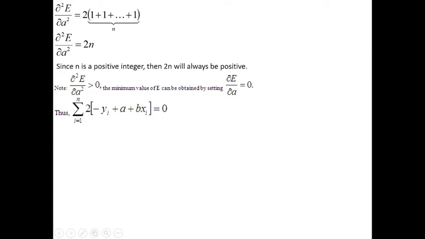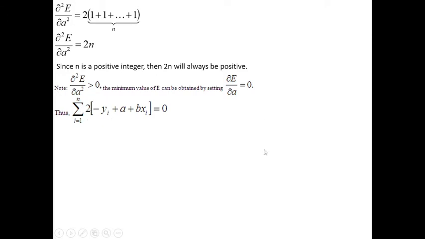So, thus, summation 2 multiplied by negative yi plus a plus bxi equals 0. So, ito yung ating equation. Paano nakuha yan?